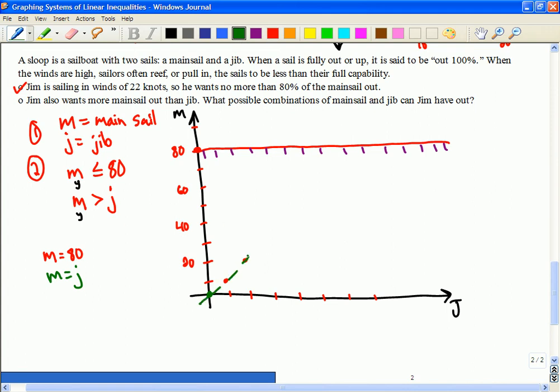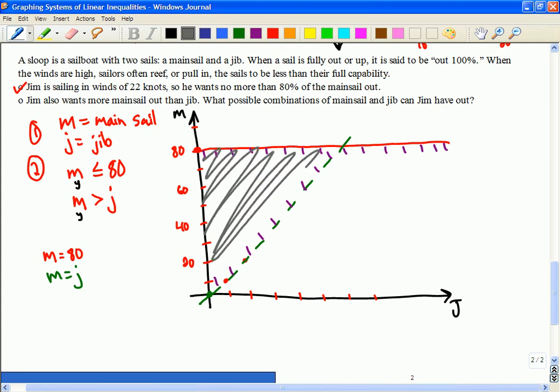It's a dashed line. And again, ask yourself, what side of this line should I be on if M has to be bigger than J? The top. Yeah, I've got to be more, so I'm going to be up here. So that shows me where my solution is. My solution is in this area here.